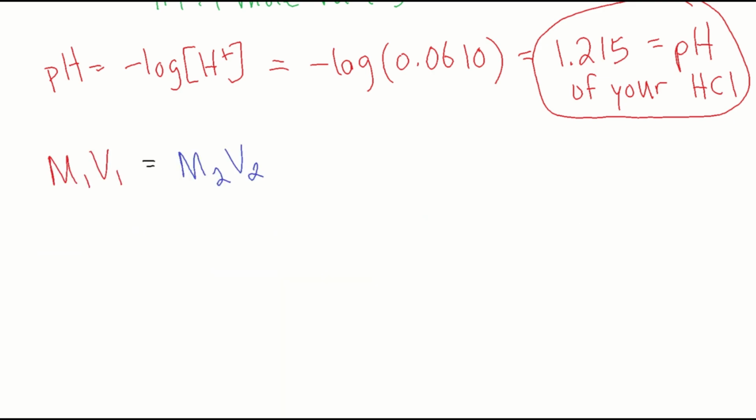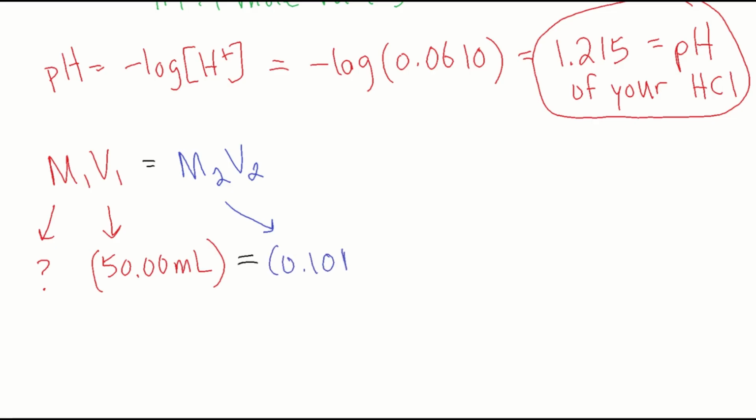Let's see what this looks like. For the hydrochloric acid, we knew the original volume. That was 50.00 milliliters. What we were asked to find is the concentration, the molarity. So let's put a question mark there. Now for the sodium hydroxide, the molarity was given to us as 0.10. We also have the volume of the NaOH solution.